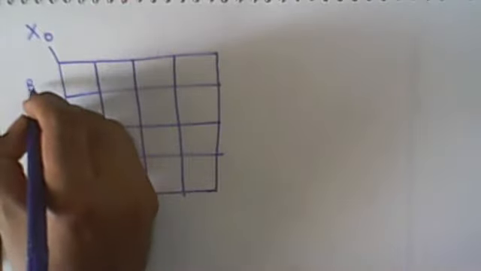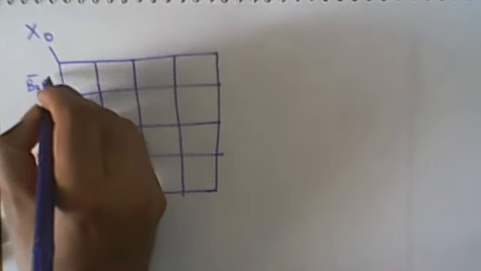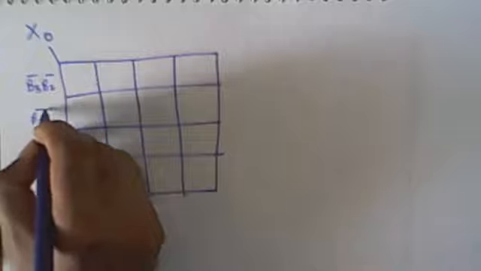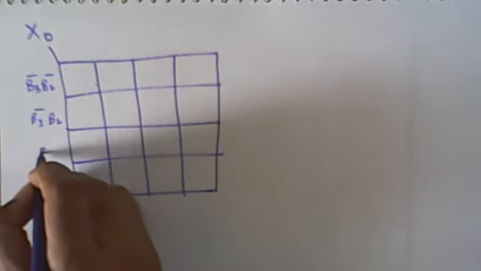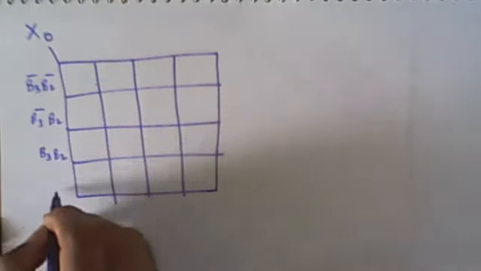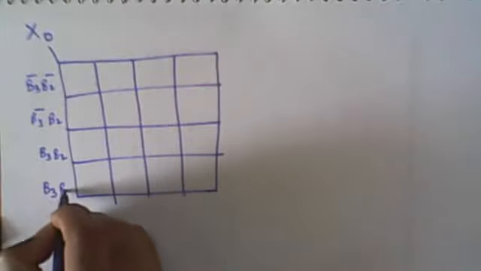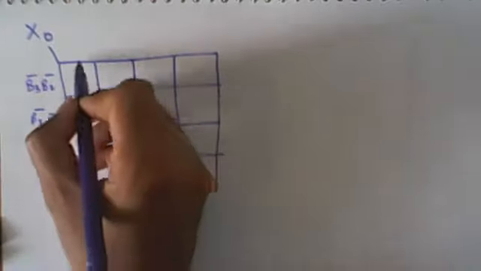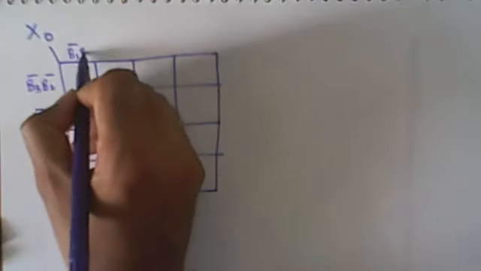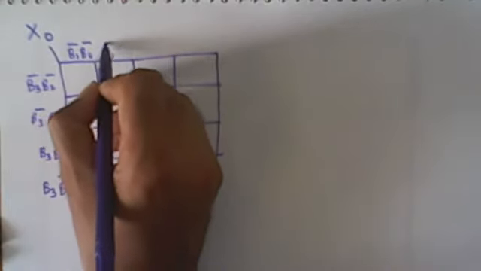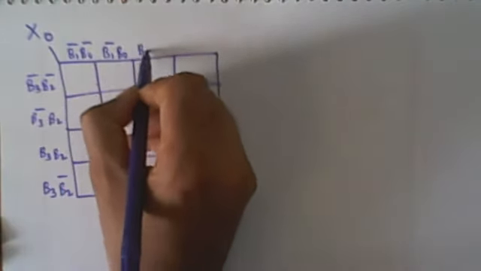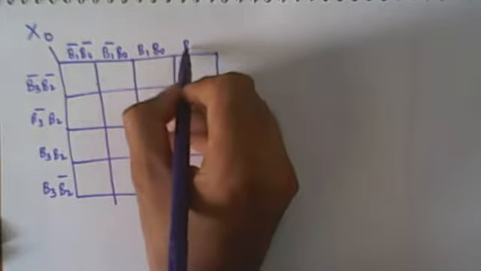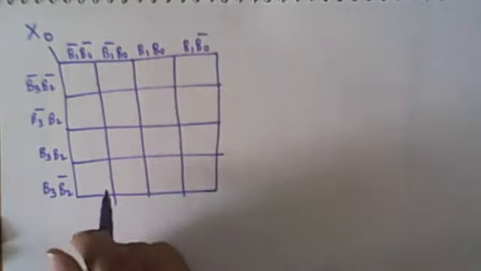Here it is B3 bar B2 bar, B3 bar B2, B3 B2, B3 B2 bar, and B1 bar B0 bar, B1 bar B0, B1 B0, B1 B0 bar.